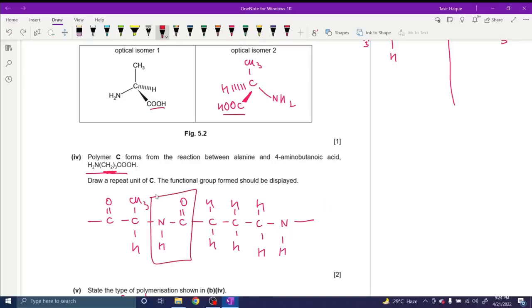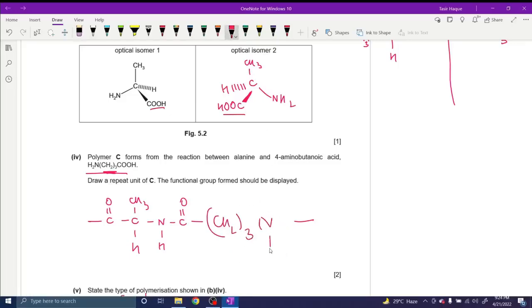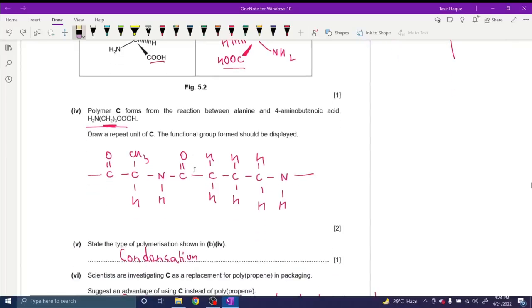Also this bond should be displayed. The rest of the compound could have been in a structural form. You could do this, I guess, (CH2)3NH. That's fine, you would get marks, but I just opted to go for this. Everything is fine, anything works. But the peptide bond must be displayed.